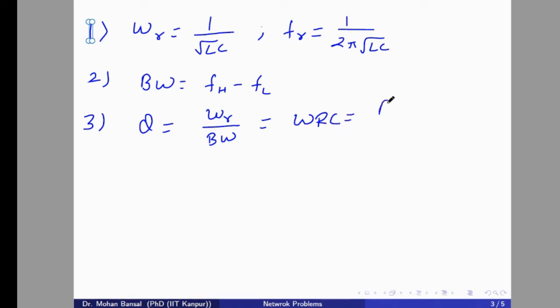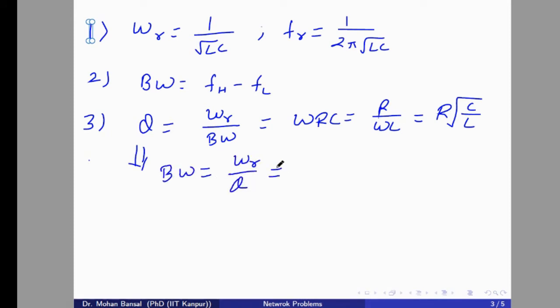Another relation is R divided by omega L, and the next relation is R into root C divided by L. Now, if you substitute, you will get bandwidth is equal to omega R divided by Q, and you know omega R is 1 divided by root LC, and for Q you substitute R into root C divided by L. After simplifying, you will get bandwidth is nothing but 1 divided by RC.